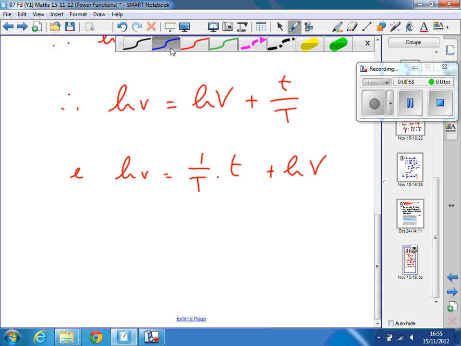So we can now compare this with y equals mx plus c, like we've done before. Now if I plot ln of V against t, I should get a straight line. The gradient will tell me 1 over the constant T, and the y-intercept will tell me ln of V naught. So that again allows me exactly the same procedure to find the constants T and V naught.